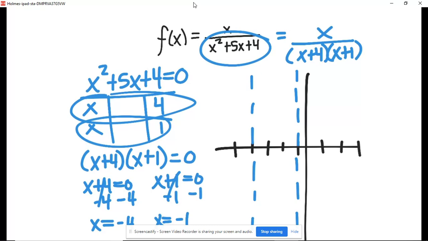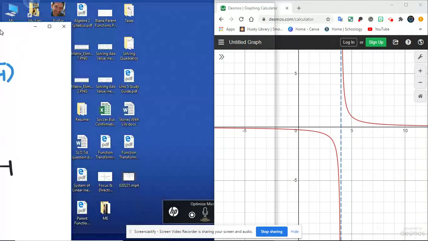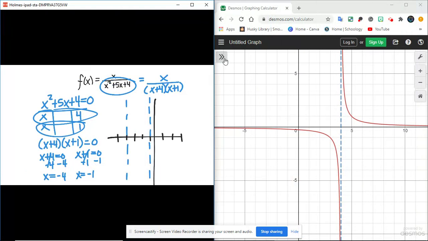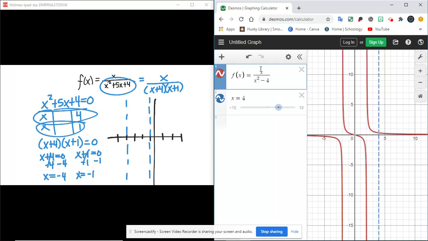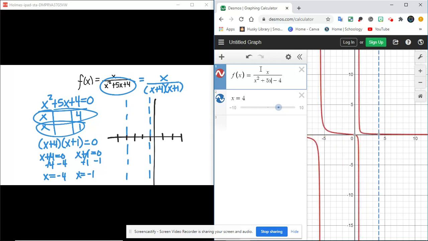Okay, and I'll show you what the graph looks like here in a second. So we pull this over here on the side, and we pull it over with Desmos, we're going to get x over x squared plus 5x plus 4.